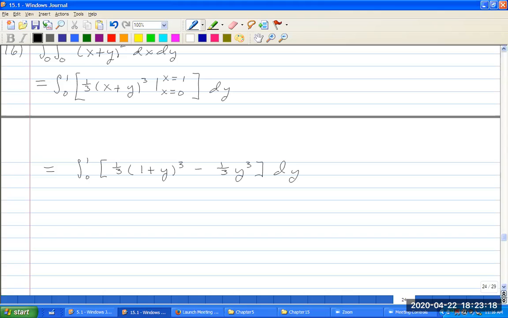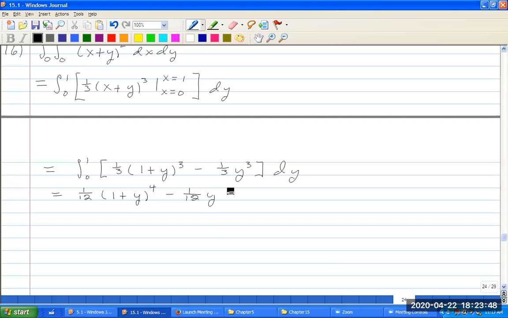So let's integrate this. The integral of 1 plus y cubed will be 1/4, so this becomes 1/12, 1 plus y to the 4th. The integral of 1/3 y cubed is 1/12 y to the 4th.